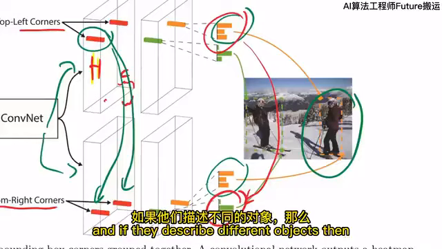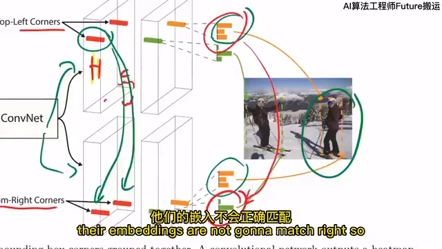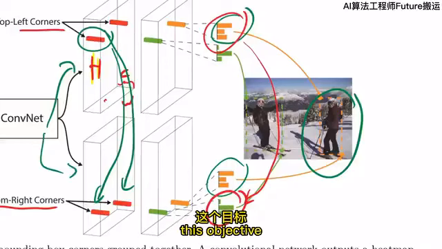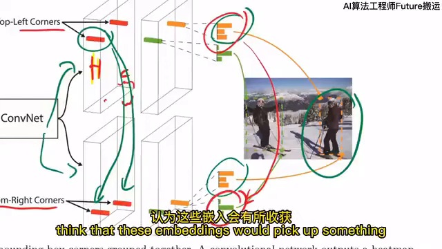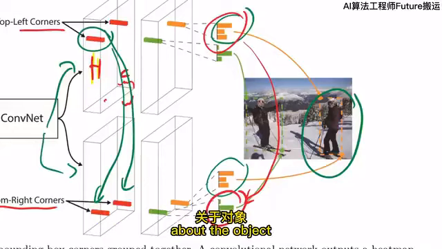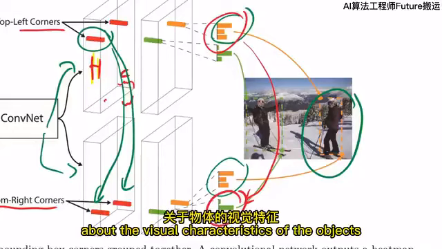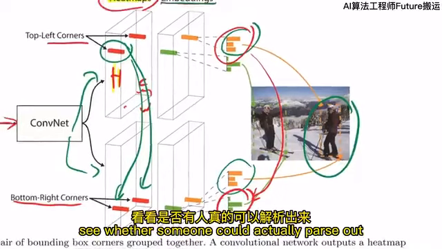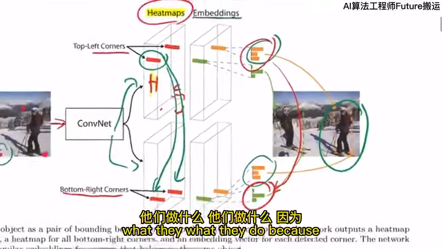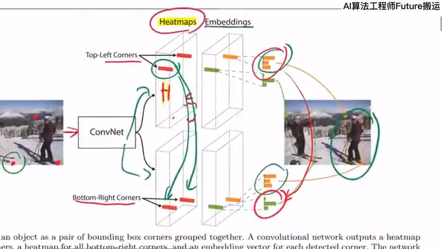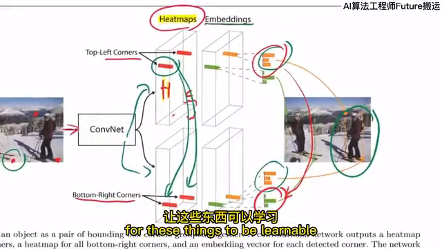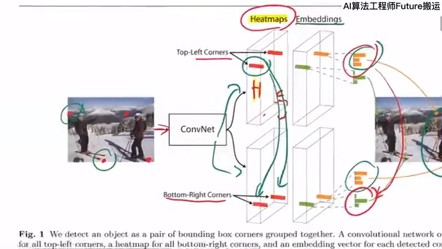And if they describe different objects, then their embeddings are not going to match, right? So even though you train this objective, I still think that these embeddings would pick up something about the object, something about the visual characteristics of the objects. It would be very interesting to see whether someone could actually parse out what they do, because it's almost impossible otherwise for these things to be learnable.